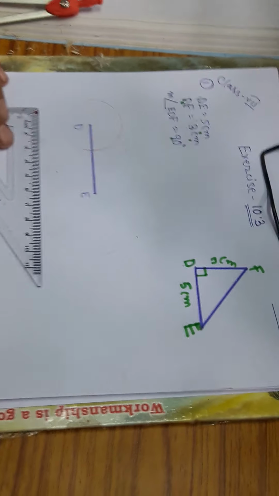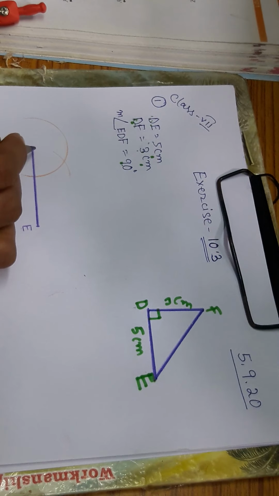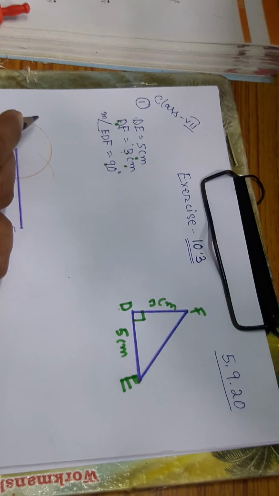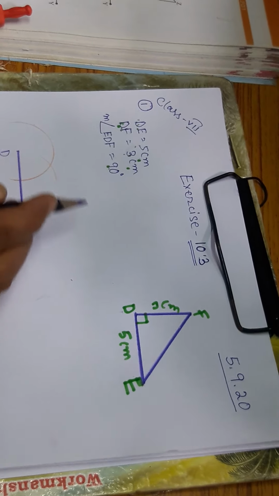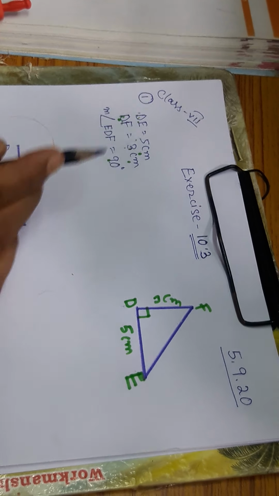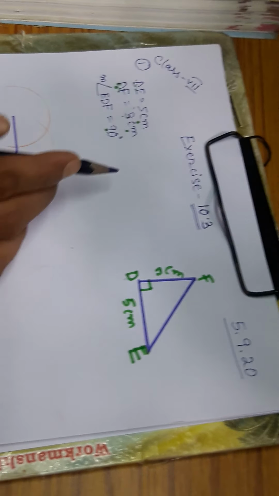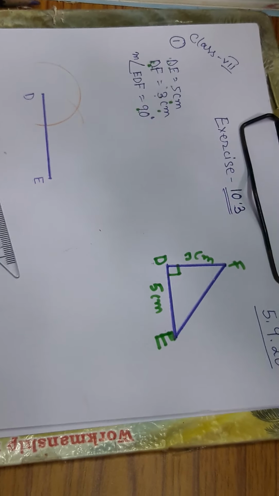So what is the first thing we have to do? I have to take 90 degrees, but that length of 3 cm can be on this side or that side. So first I have to draw the angle. On the angle, the length we will take for that side will be 3 cm.